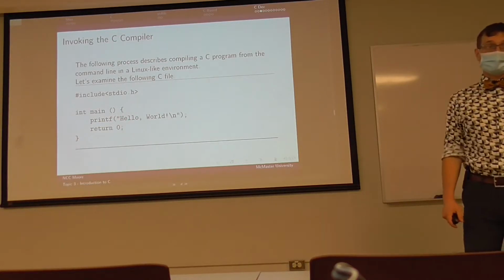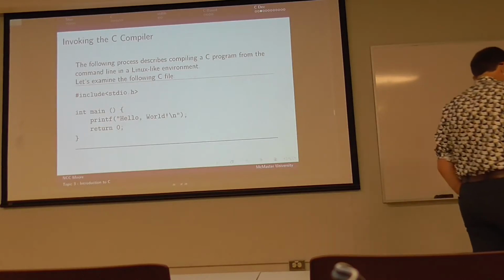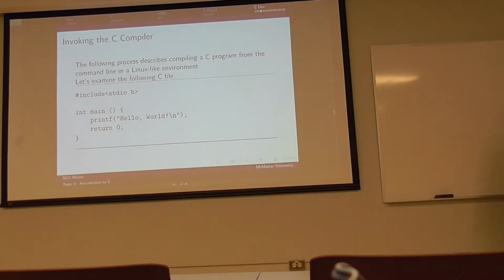So what is main then? Main is the function which is executed by default as the first function that is invoked whenever you run a C program. Whenever you set a C program running, the very first statement that is executed is the first statement in main.